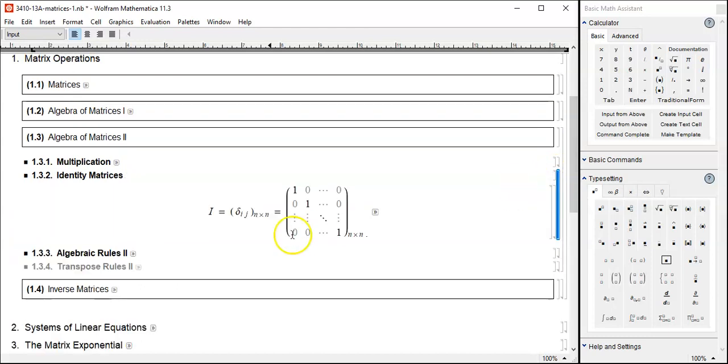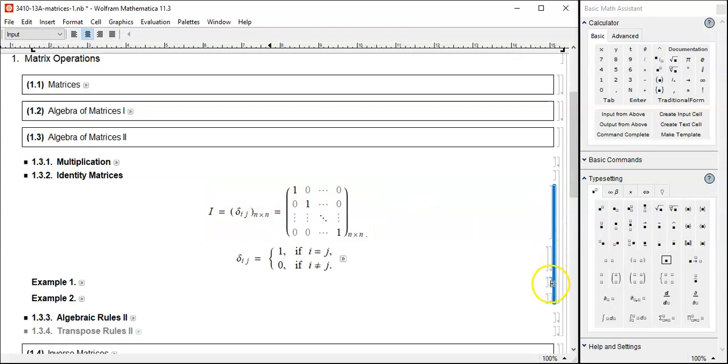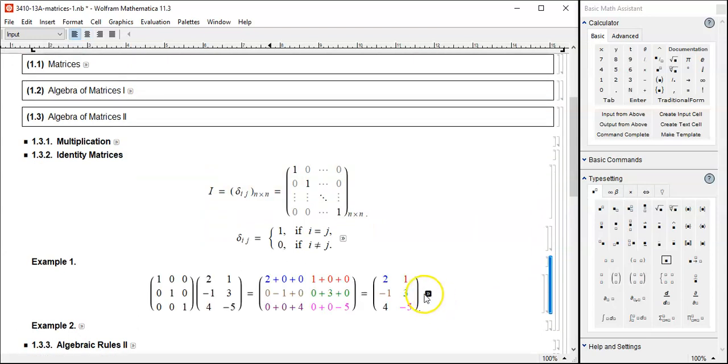Now, identity matrix. This matrix is called identity matrix because it works as the multiplicative identity of matrix multiplication. Here's an example.